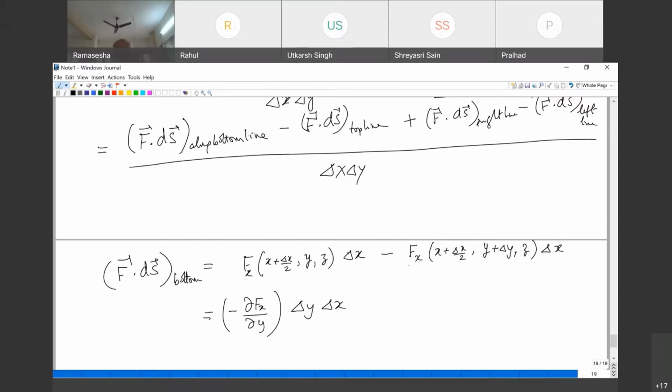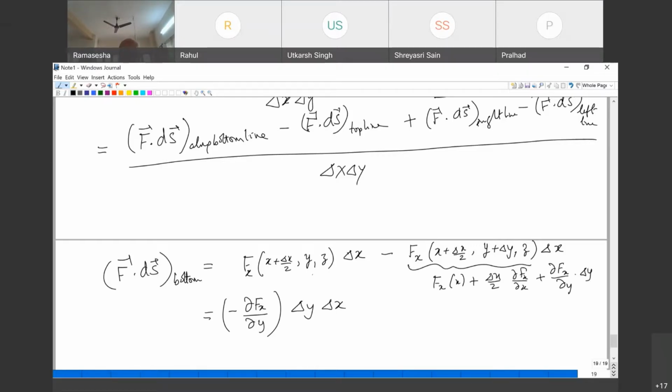Because what is this quantity? This is Fx at x plus delta x by 2 is del Fx by del x plus delta Fx by delta y delta y.